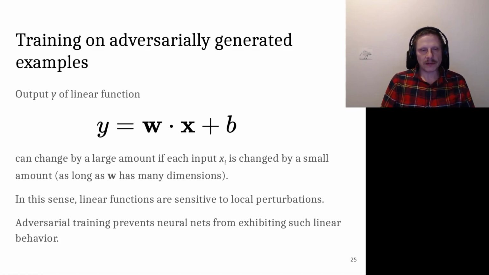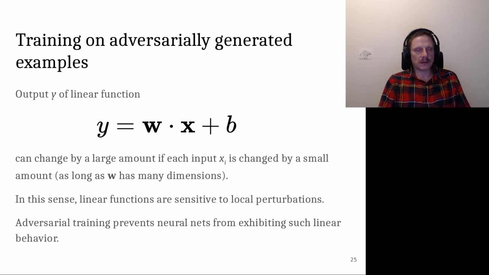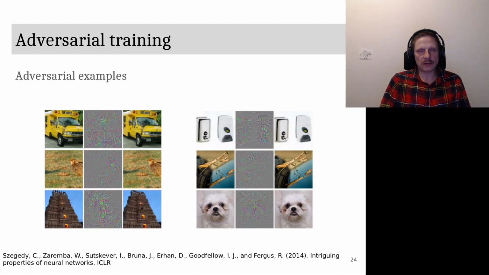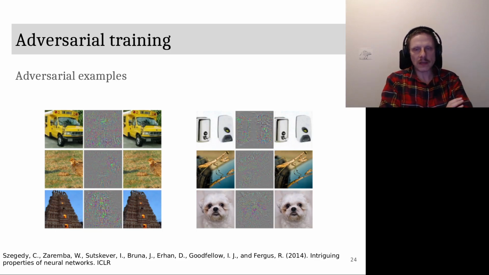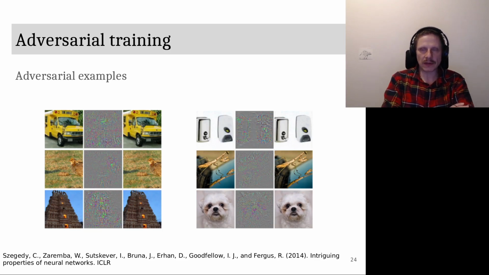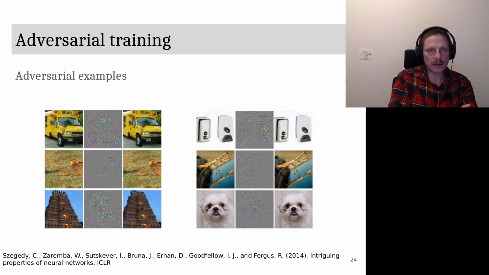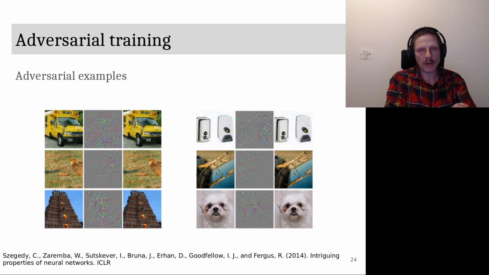And so adversarial training is something that we can do to prevent neural nets from exhibiting such linear behavior. What adversarial training does is simply, if we go back to these pictures, we will first of all make such adversarial examples, and these are made by optimizing these patterns that we add into the images such that they maximize the error of the model that we are using to do the labeling.